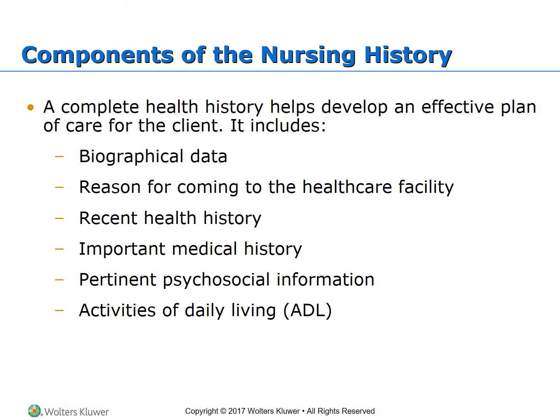Addresses family relationships, employment, living conditions, and emotional stability, sexual relationships, substance use or abuse, medications, and so forth. And it also includes the activities of daily living. It involves how well the client is able to meet basic needs, such as eating, drinking, bathing, dressing, and toileting. Does the client get an adequate amount of exercise, food, and rest?